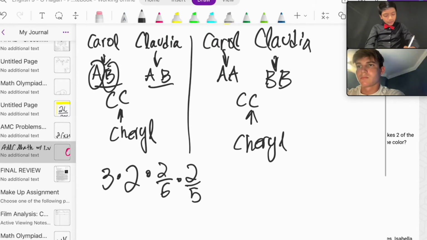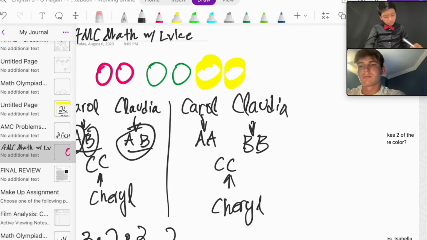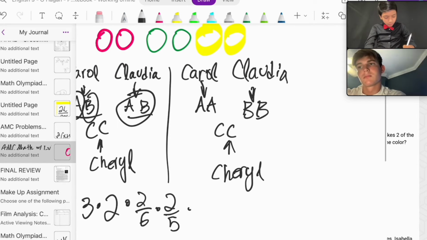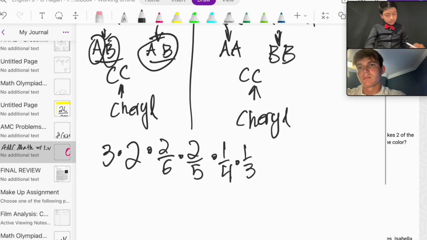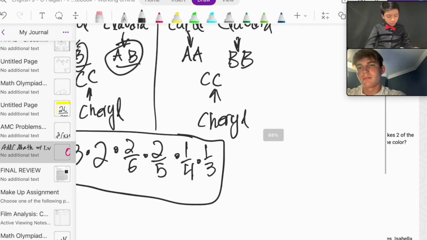And then Claudia has to be there to take the other 2 remaining out, which will be a 1 in 4 and a 1 in 3 chance. And that will leave Cheryl to get the other 2. So that's the probability for the first one. I'll simplify that one later.